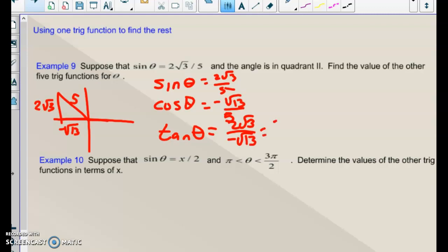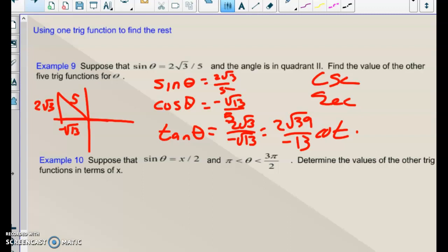And if we needed to, we could simplify that by rationalizing. I'm not going to show them here. If you have troubles with it, we know that the cotangent, the secant, and cosecant are just reciprocals of those numbers.